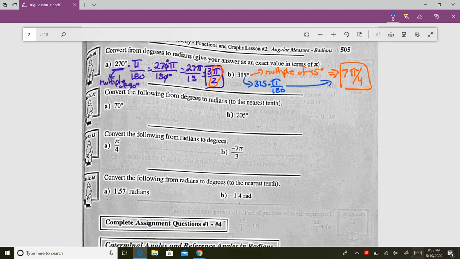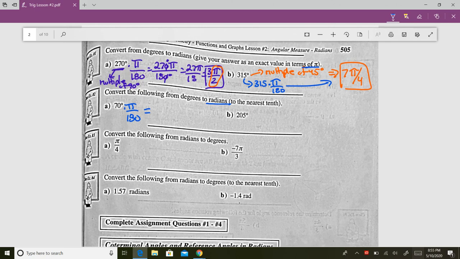Now, what they want us to write is exact values. So this is writing stuff as exact values, 7 pi over 4, 3 pi over 2. But you can also write them as decimals, so 70 degrees. And when you're writing them as decimals, then you actually want to use the pi button on your calculator.